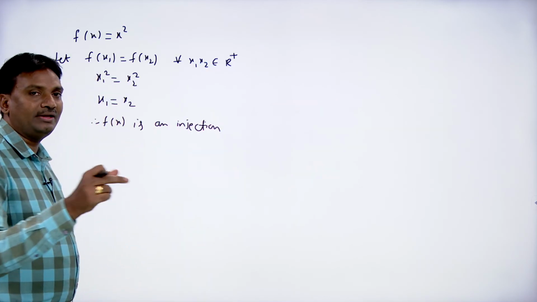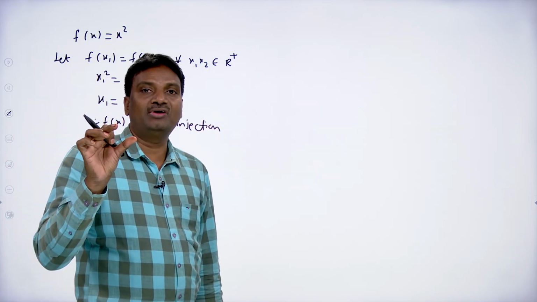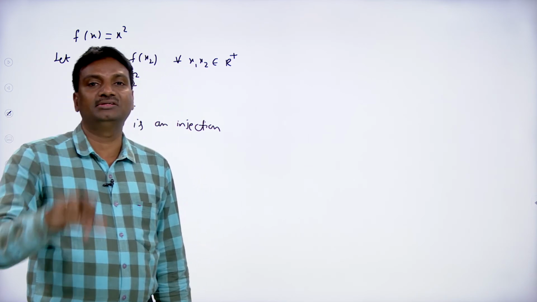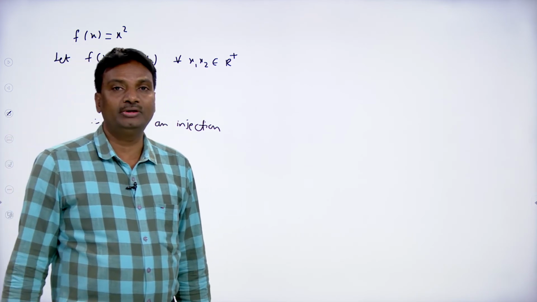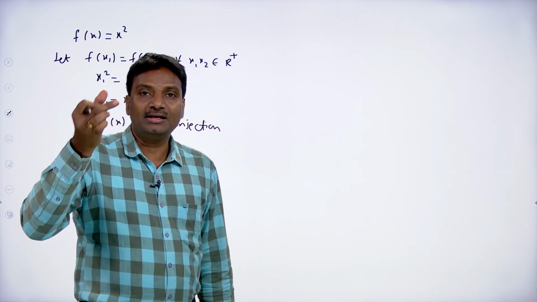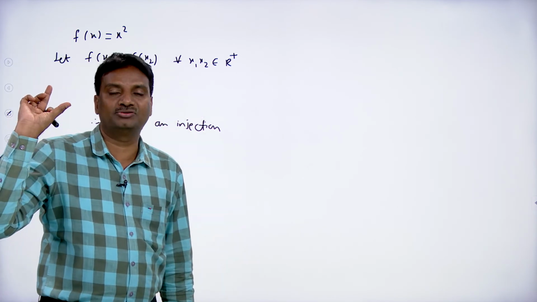To check whether f of x is onto or not, here we are defining the function f of x on the set of positive real numbers only. In place of x we must take positive real numbers only.